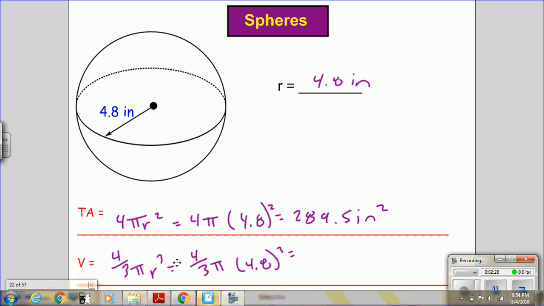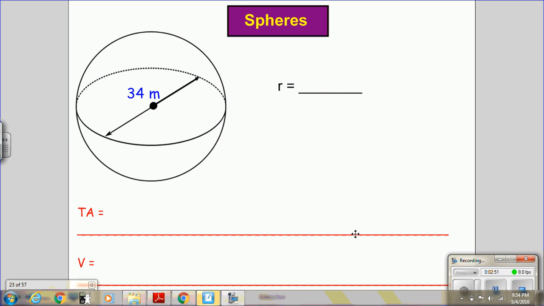You get approximately 463.2 inches cubed. Sorry, my 2's all the way at the top. But it's 463.2 inches cubed.